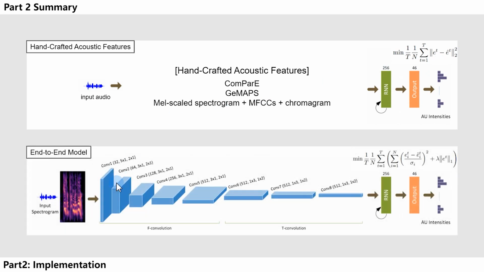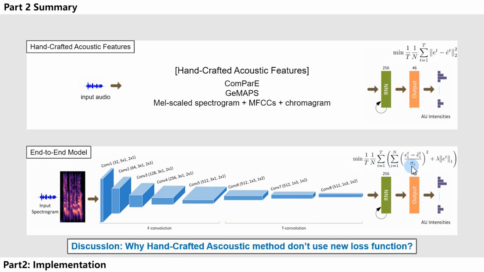As for the end-to-end model, given the audio, we use FFT to translate it into the spectrogram and use a one-dimensional convolution layer to extract meaningful features and use an RNN to predict 46 parameters. And we use this different loss function.